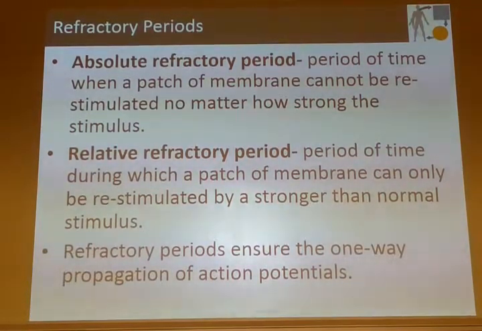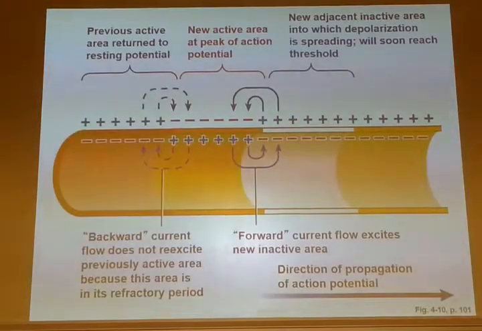It's going to continue to go downstream. You're running into that afterhyperpolarization upstream. So backward current flow is canceling charges here, reversing the membrane potential, but only the forward current flow is actually going to open voltage-gated channels. This backward positive charge is running into negative charge upstream, big time negative charge, 10 millivolts of negative charge upstream.